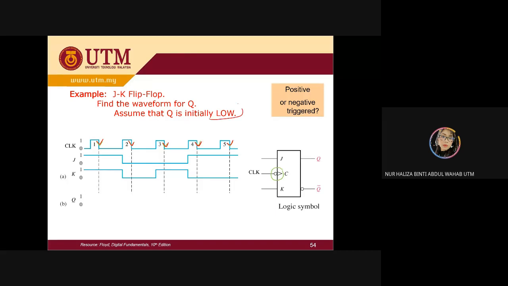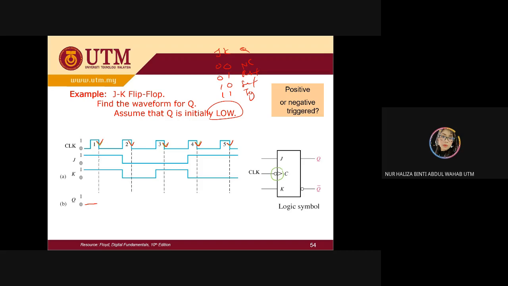And initial is low. Draw the table. I hope that you can remember the table. JK: 00, 01, 10, 11: toggle, set, reset, no change.